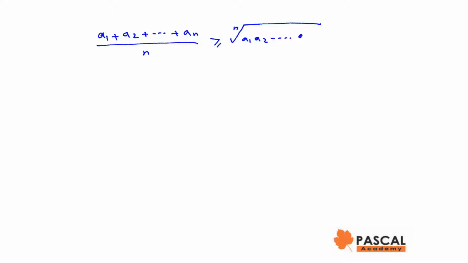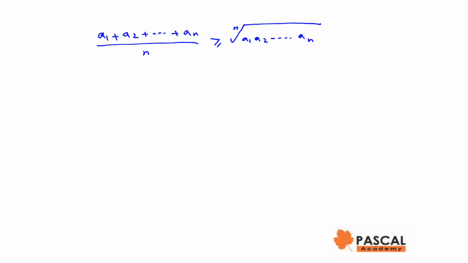Now we assume Pn is valid, and we prove the arithmetic-geometric inequality holds for n minus 1. So we know a1 plus a2 plus ... plus an divided by n is greater than or equal to the nth root of a1, a2, ..., an.